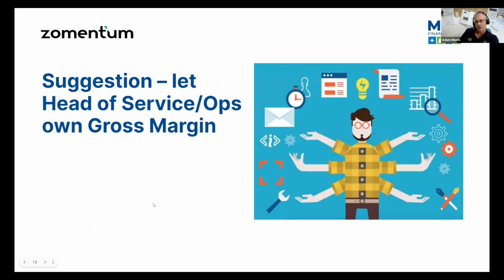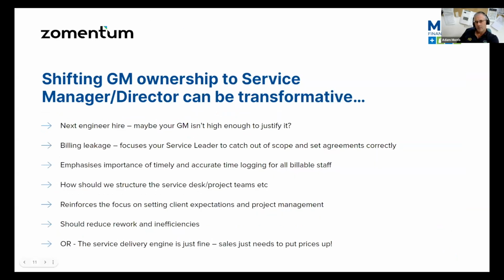And the next slide, actually, because taking this further, one of the things I think it's very empowering to do is to use gross margin as a key measurement, or KPI, if you like, that you can give to your service director or service manager, or whoever is heading up that team, to own and be accountable for.